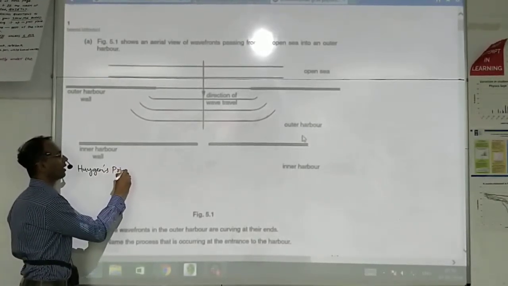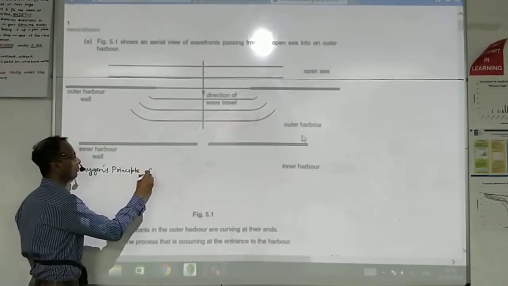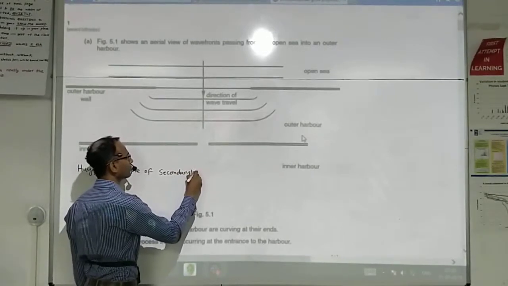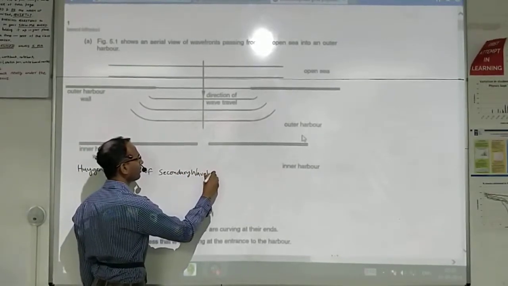So the concept is Huygens principle of secondary wavelets. Please note this down. It's not there in your book, but it is required to understand diffraction at a deep level.